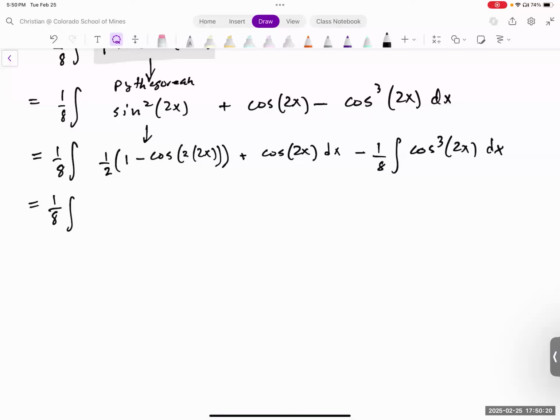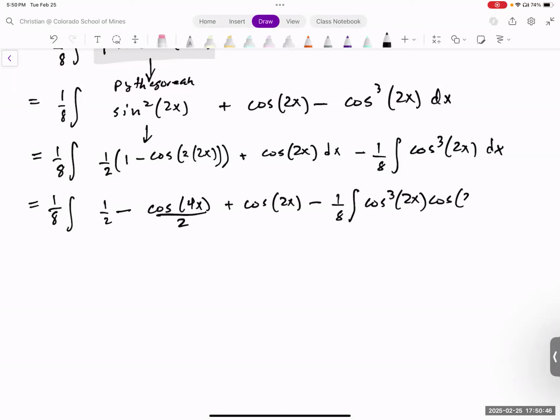So we'd have 1/2 minus cosine of 4x divided by 2 plus cosine of 2x, minus the eighth. Let's take cosine cubed 2x, cosine 2x dx.